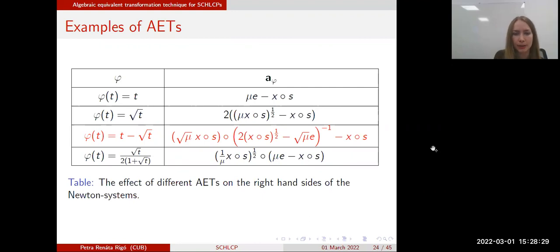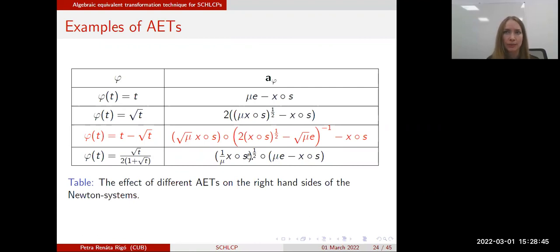So in this case, we get this right-hand side, and we also have this function proposed by Kojima and Haghighi, and we get then this right-hand side.